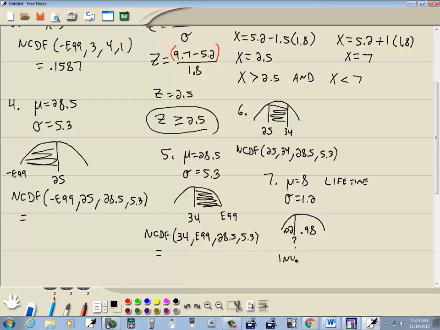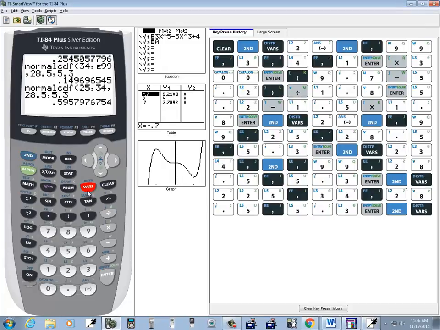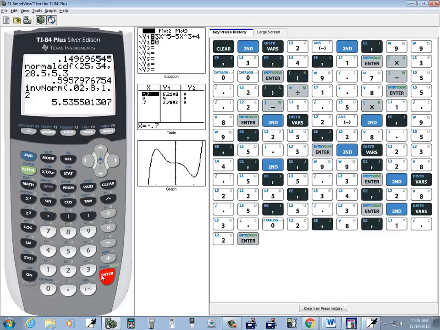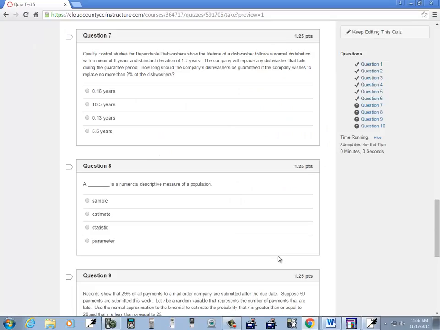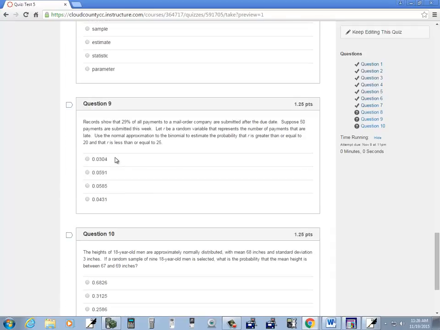Now this is INV norm, and INV norm was always based upon the area left, which will be 0.02, comma, our mean, comma, our standard deviation. So do second vars, choose INV norm, 0.02, comma 8, comma 1.2. Then we get 5.54. Of course, I don't know what it's rounding to. 5.5. Okay, that's just a definition.